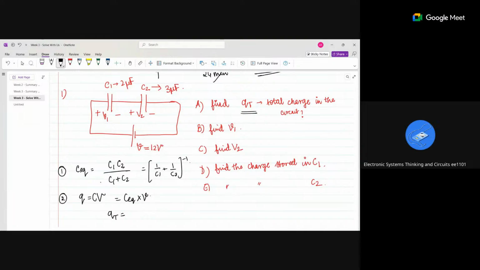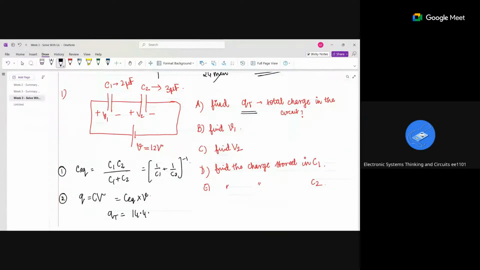What is the C equivalent? It will be 6 upon 5, which is around 1.2 microfarad. Multiplied by 12, QT is equal to 14.4.